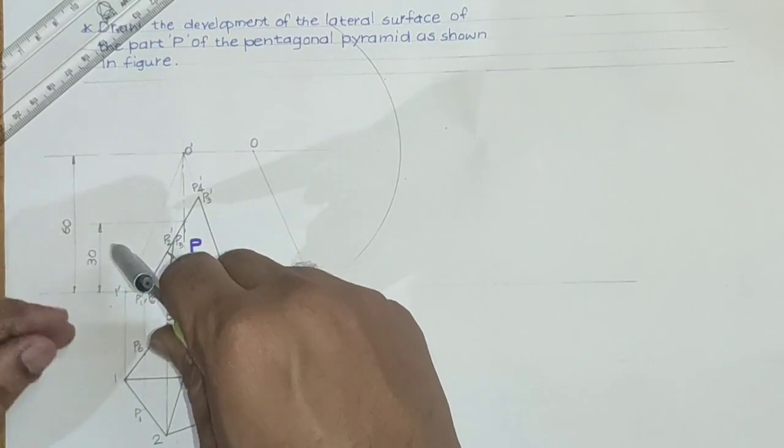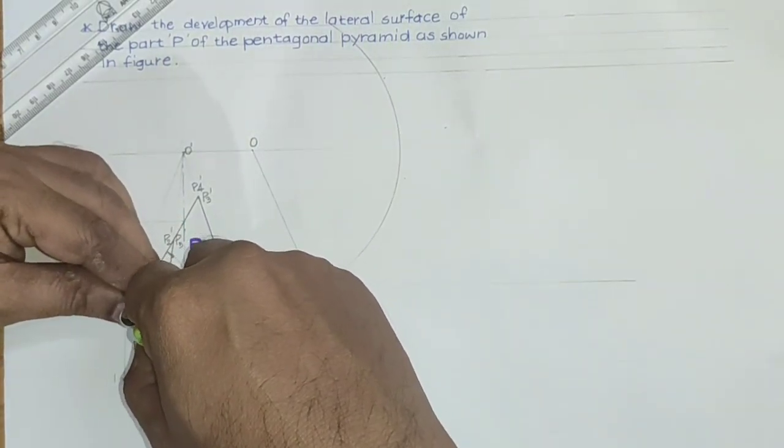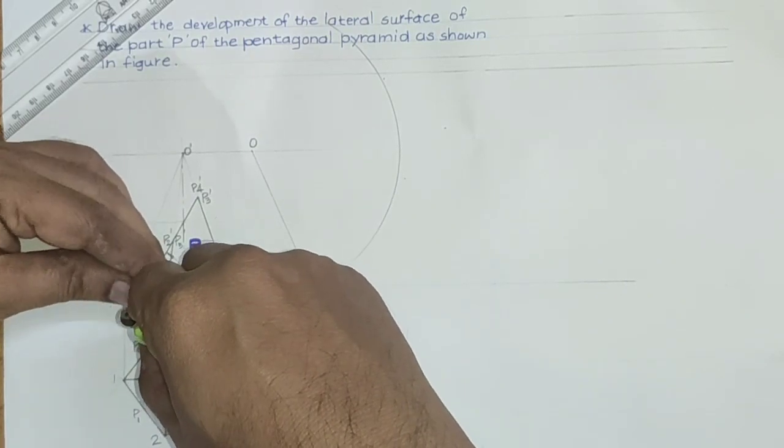Now take distance equal to side of base in compass. Mark points on arc.